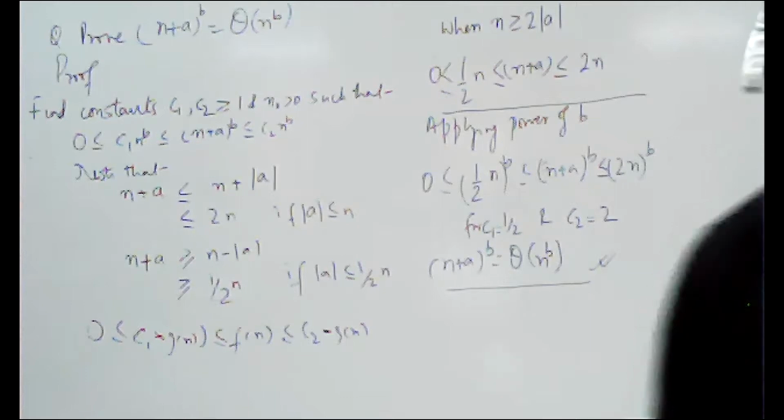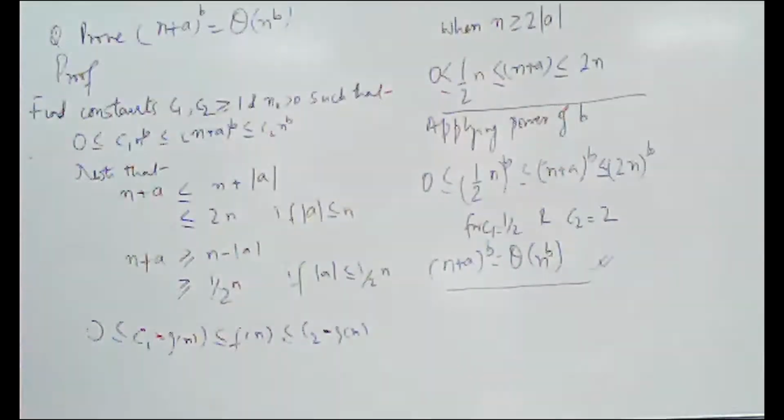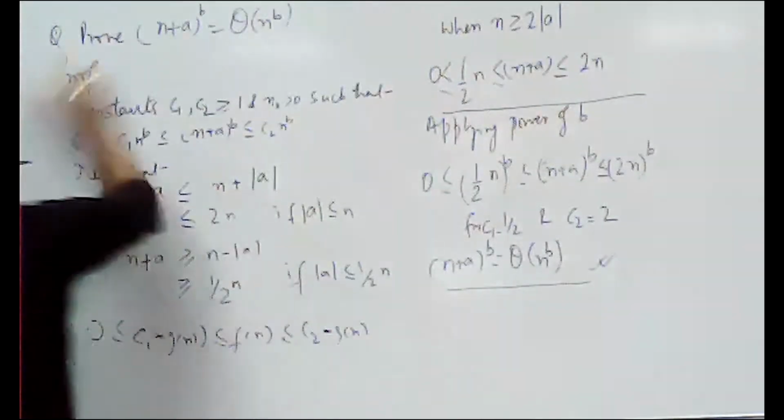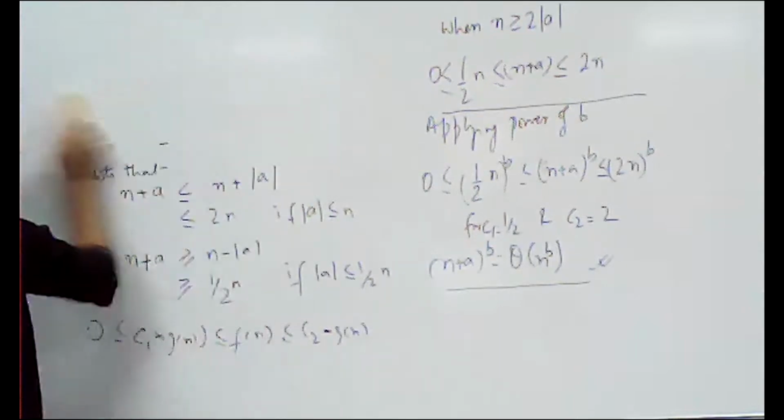So now let's do analysis of some recursive algorithms. Today I will just give you an overview of the analysis of some recursive algorithms. Basically, analysis of recursive algorithms is not so straightforward. In discrete mathematics, you would have studied recurrence relations.